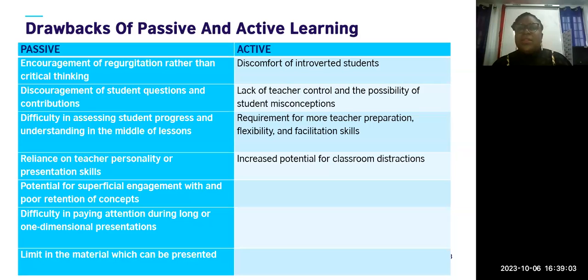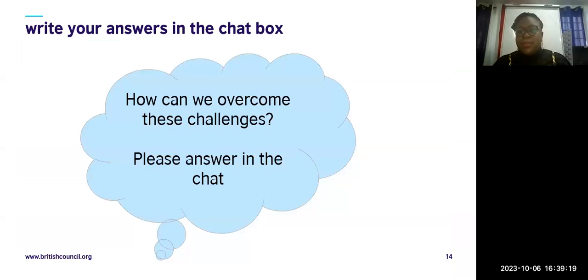We're not saying that passive is so bad and active is so good, or passive is so good and active is so bad. Both are good, both are to be used, but they both have their good sides and their bad sides. Now, despite these drawbacks, how do you think we can overcome these challenges?